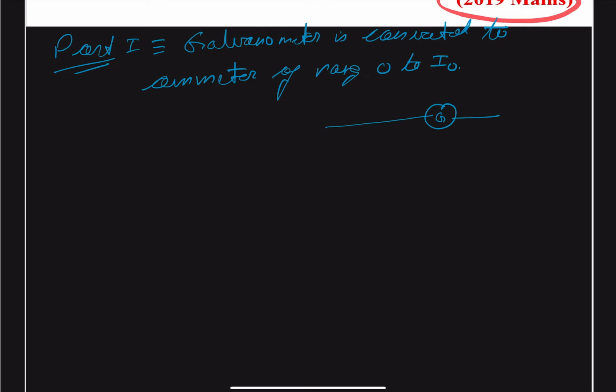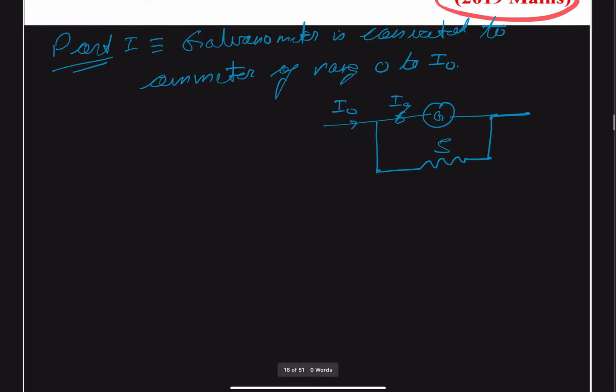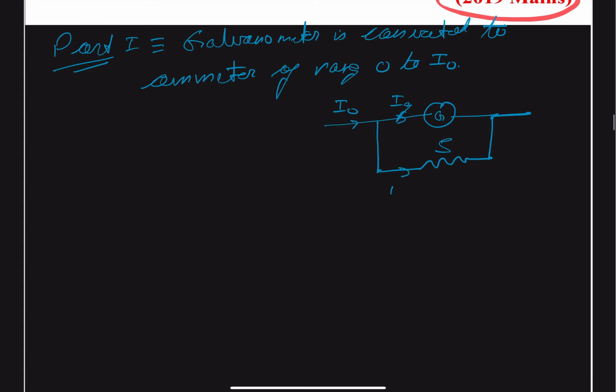We have to connect a shunt resistance in parallel to this galvanometer. So if I naught is the current, then Ig will be the current through the galvanometer, and the current through the shunt resistance will be I naught minus Ig.